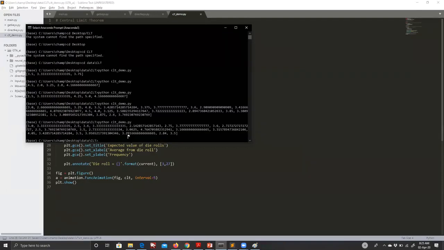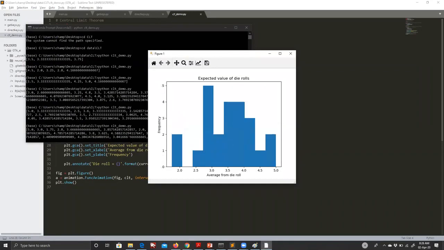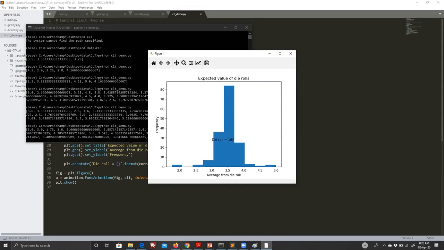And again, it will take some time, but you will start to see this, that again it kind of centralizes even when we take kind of random die roll, but it is going to happen.